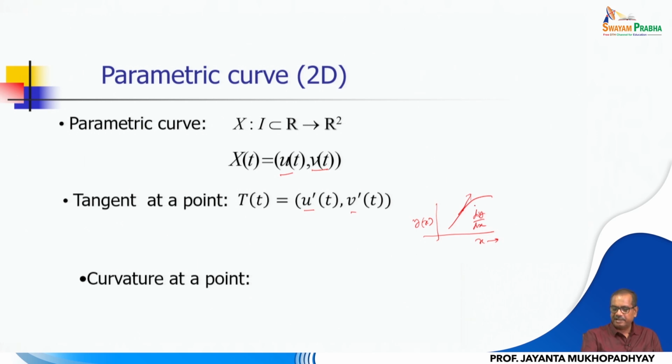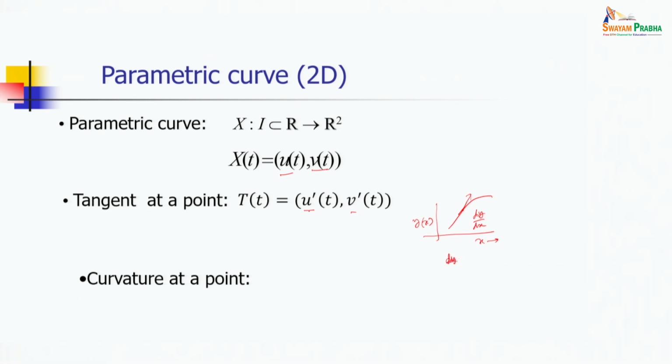Here, since x is given by u(t) and y is v(t), we say dv/dt divided by du/dt, which will give you dv/du. So that's the interpretation here.